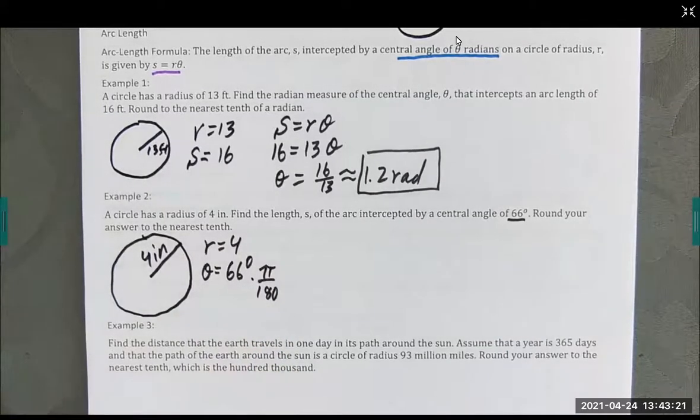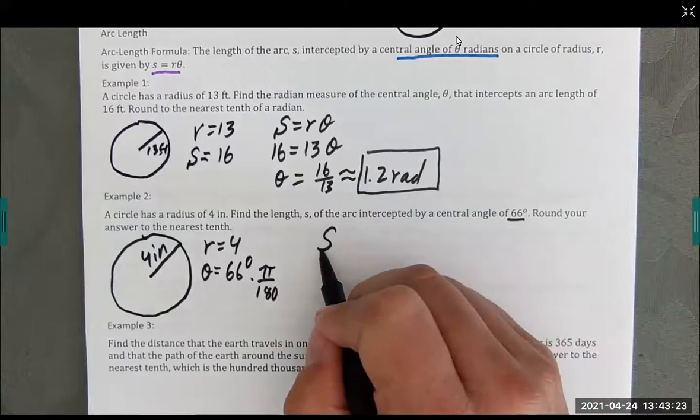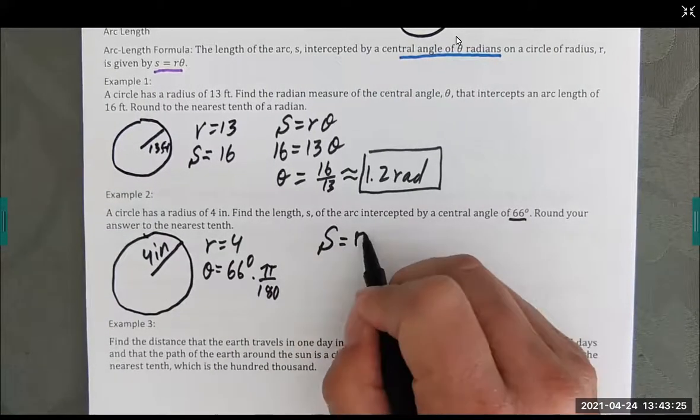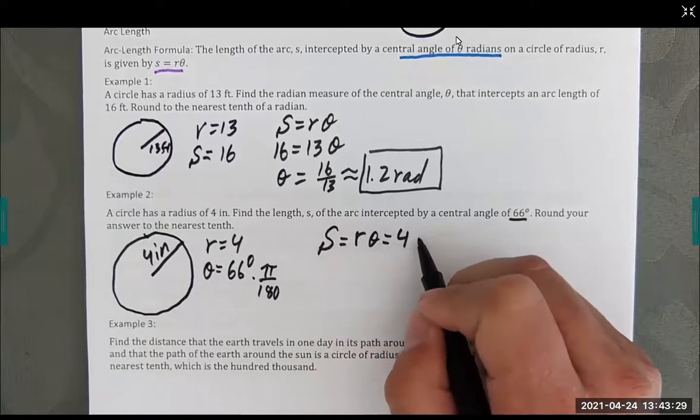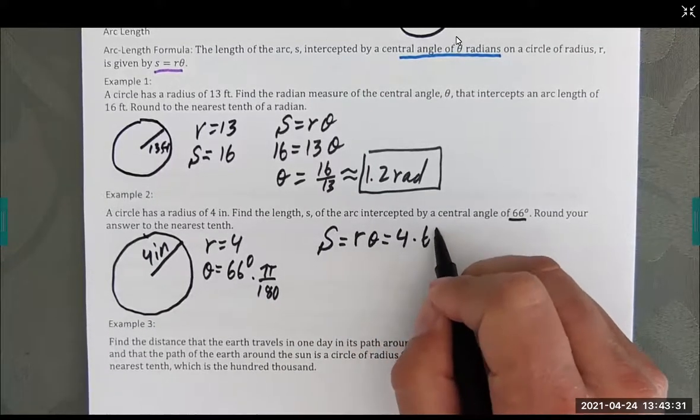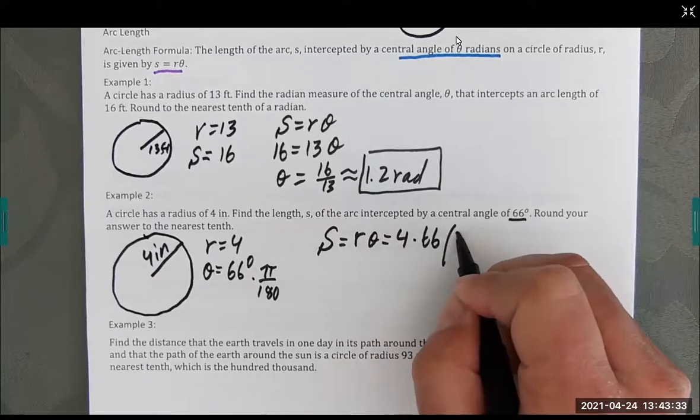So our overall arc length, which is r times theta, is now going to be 4 times 66 times pi over 180.